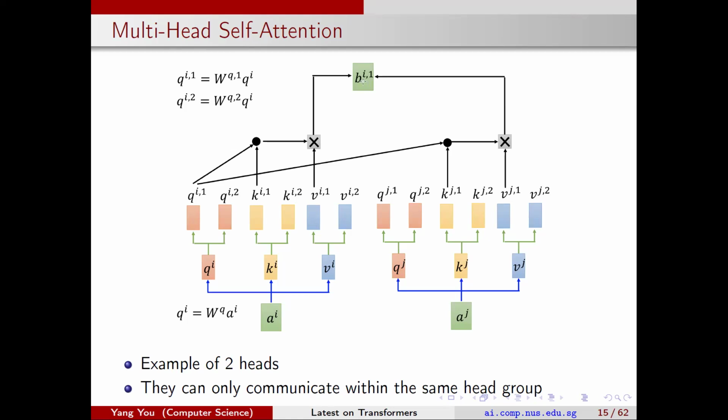That's BI1. If you want to compute BI2, you can use the same approach, first A2, QI2, KI2, and then QI2 to AJ.